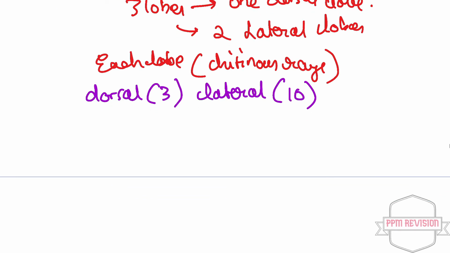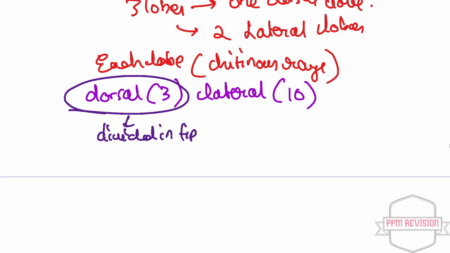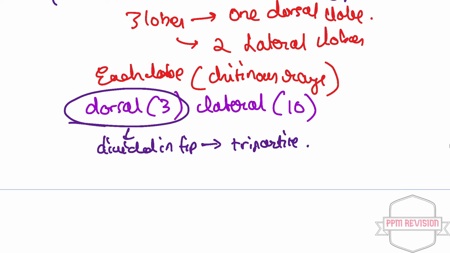The dorsal ray is partially divided at the tip, and each division is tripartite. Now we're looking at the lifespan. The lifespan is about 3 to 4 years.